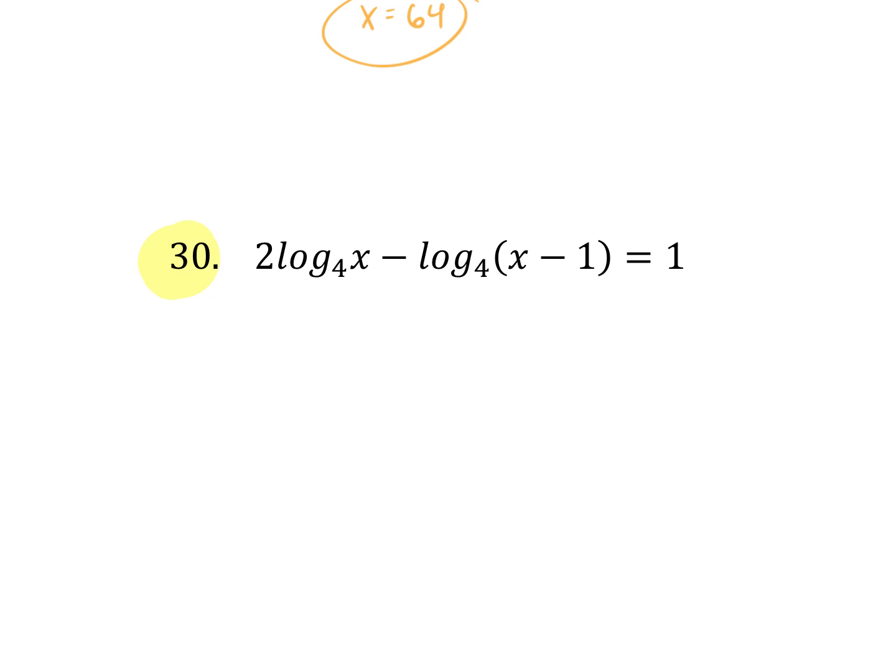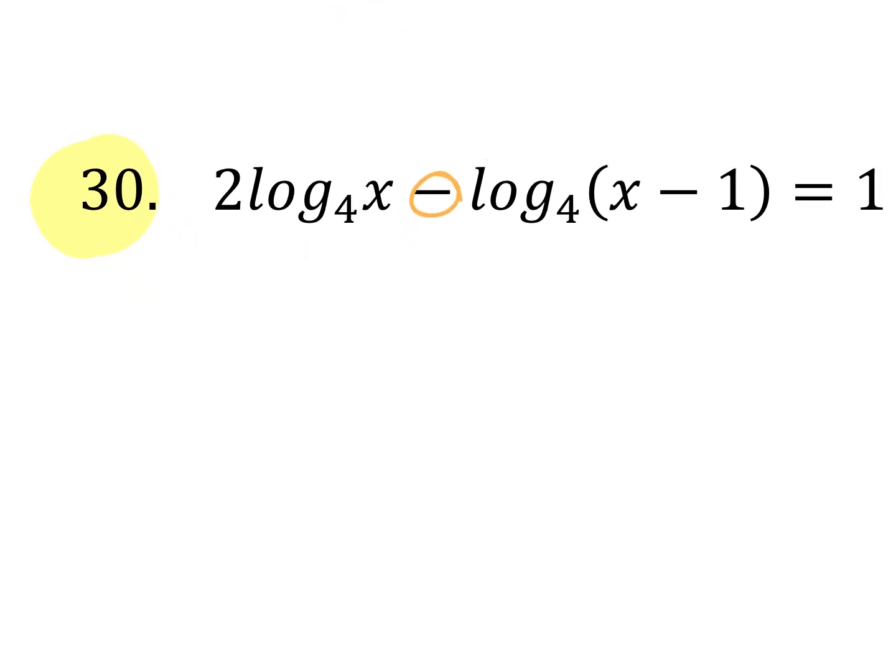How do I condense it when I'm subtracting? Divide. Before I can condense these, what would I have to do first? Put the exponent. I'm going to make the 2 an exponent on the x. So then we can divide. We've got log base 4 of x squared over x minus 1 equals 1.